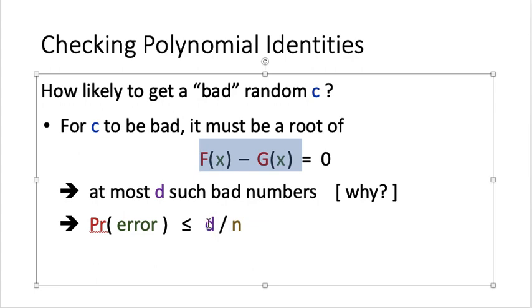But in the worst case, at most d numbers in the universe will make it bad, and we are selecting a random number from n possible choices, so the error probability is at most d over n. So we now have a randomized algorithm that runs in order d time, and the error probability is d over n. If n is large, then the chance of getting an error will be small.